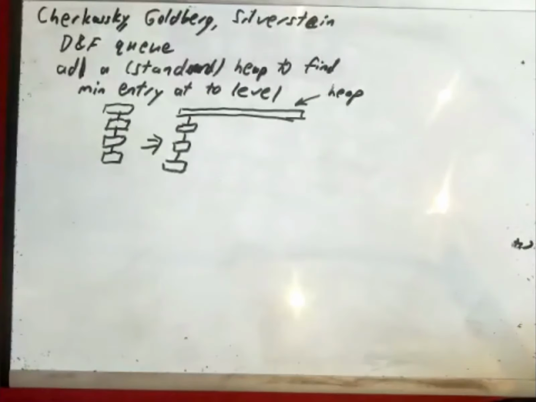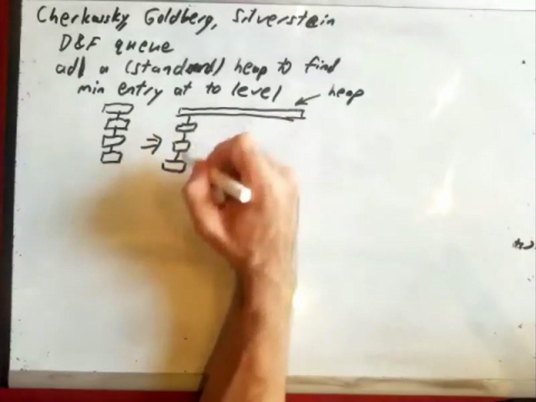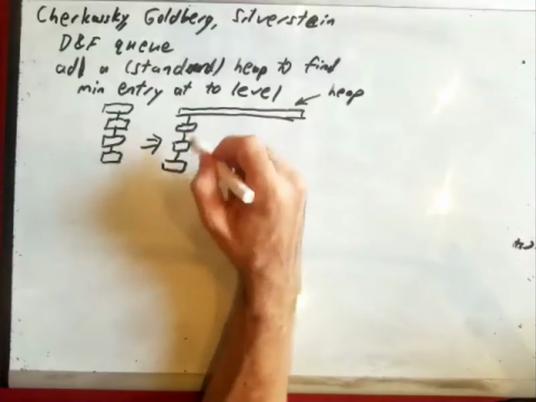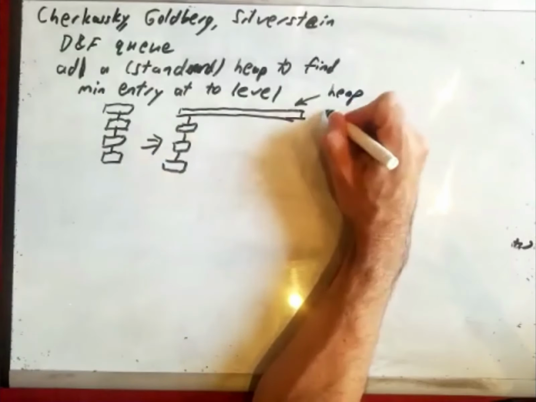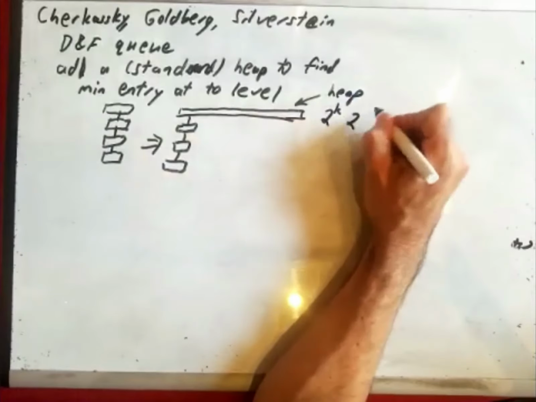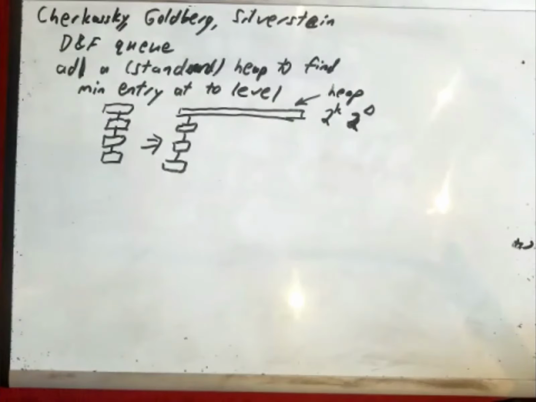So even if the upper layer is quite large, doing a delete min and insert and delete there is still going to be pretty fast, right? If you think about it, we already know that we're going to be spending kind of K or delta work for each operation. So that suggests that if we just make the heap size like 2 to the K or 2 to the delta or something, then the logarithmic cost of interacting with that heap is going to be negligible compared to the other work of the data structure.